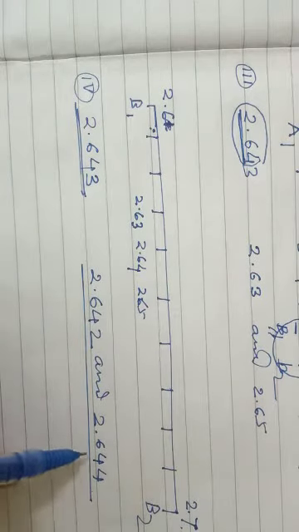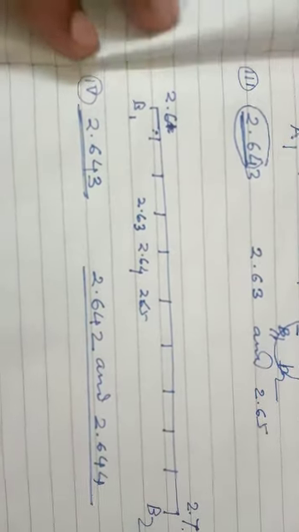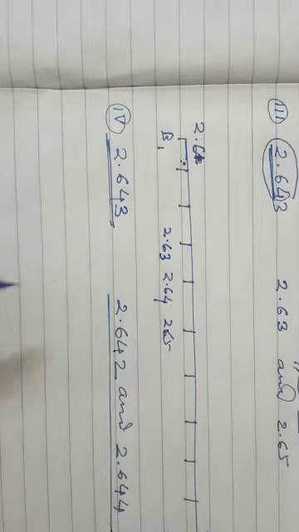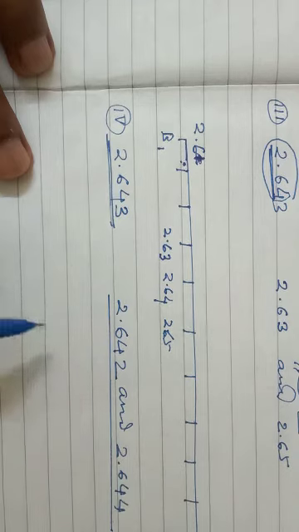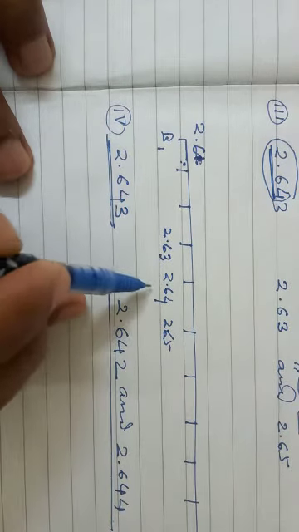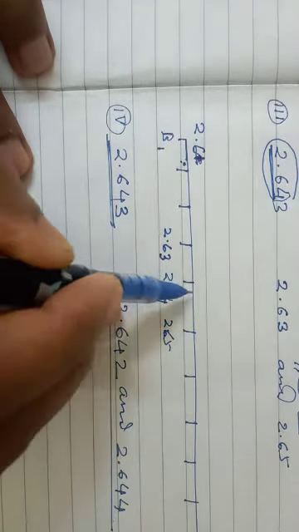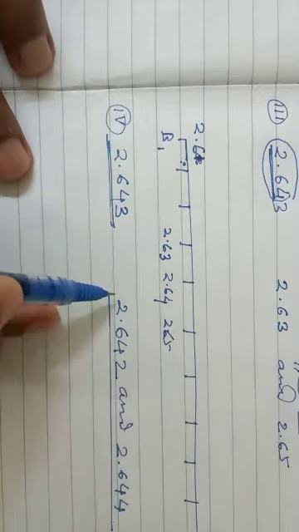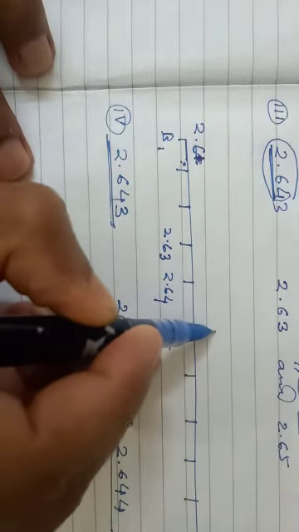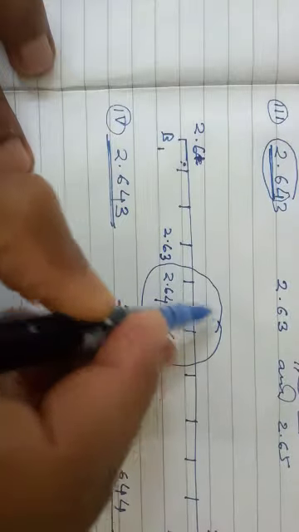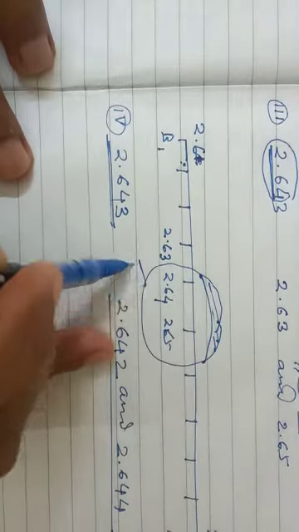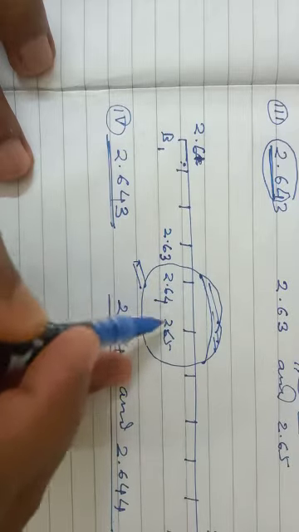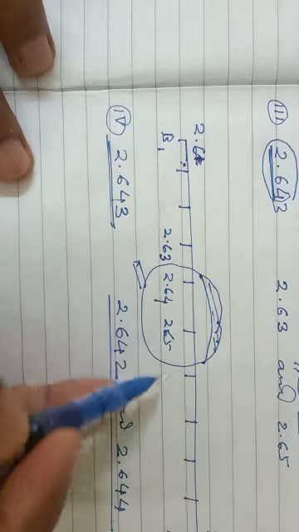When you use the magnifying glass, that number will be seen between them, like 2.641 and so on. So use the magnifying glass and definitely you can see that number between 2.64 and 2.65.